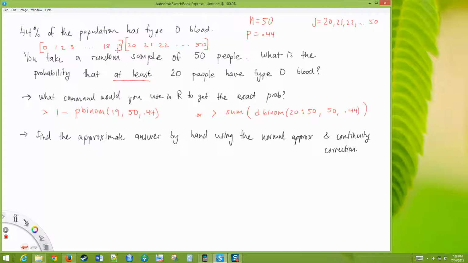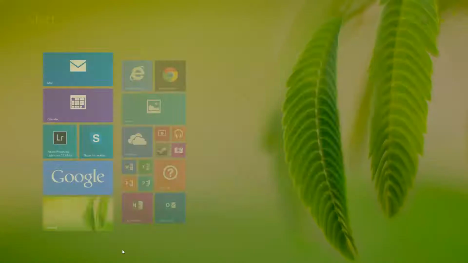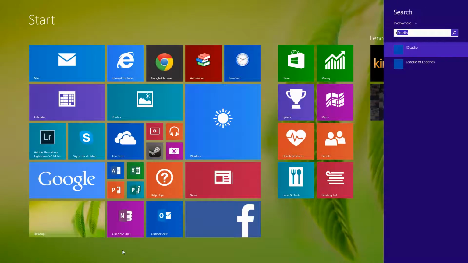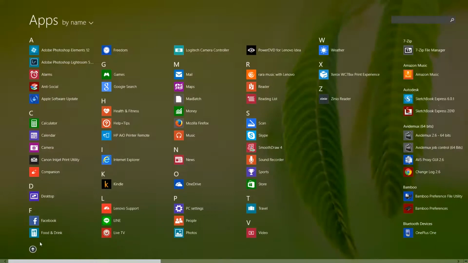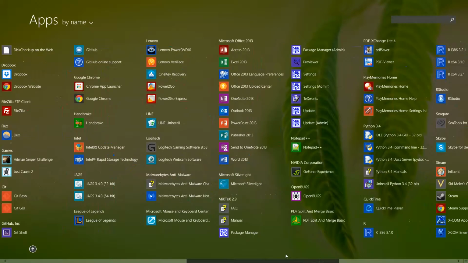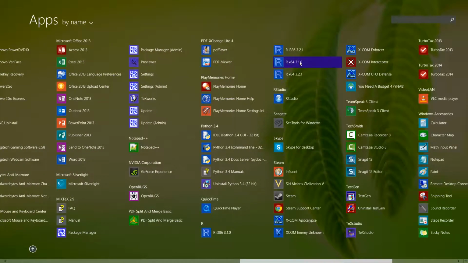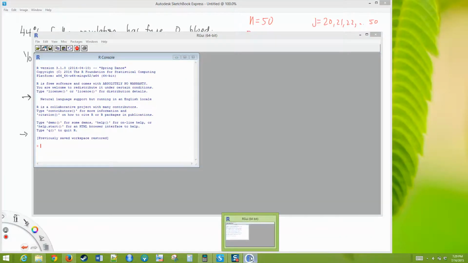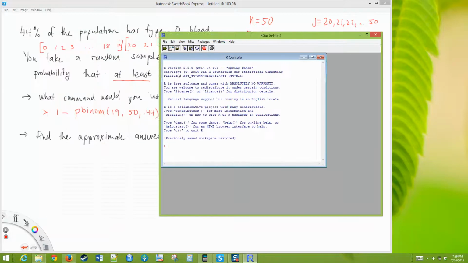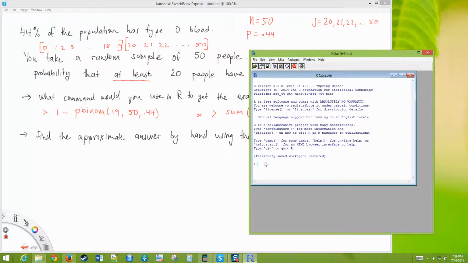Okay. Does that explain it? So if I did this right, I'm going to just use plain old R. So pbinom always adds up 0 through whatever number you stick in.